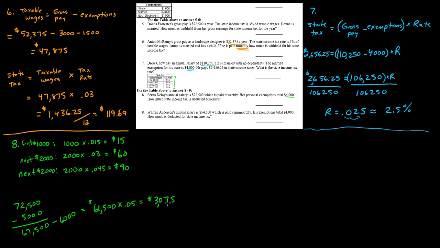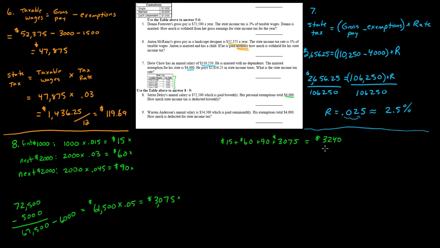Now I need to add these numbers all together: 15 plus 60 plus 90 plus 3,075. When I add all of those together, I get a grand total of $3,240, but I need it per pay period.